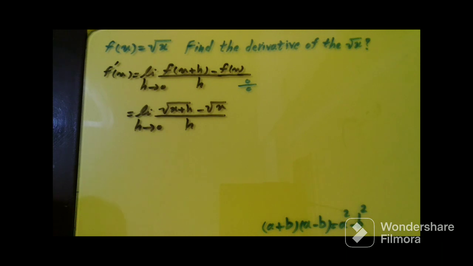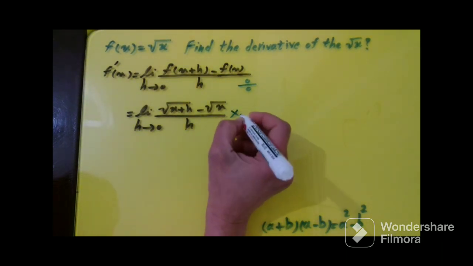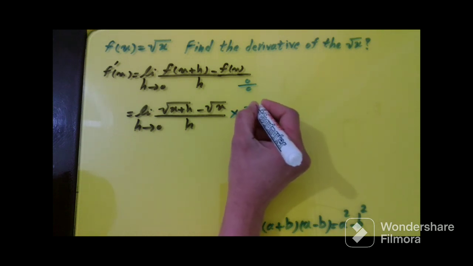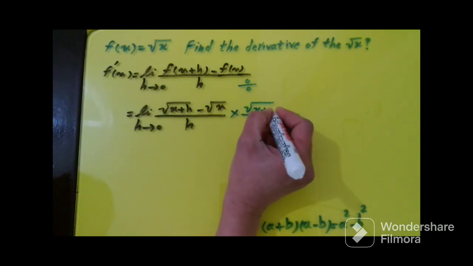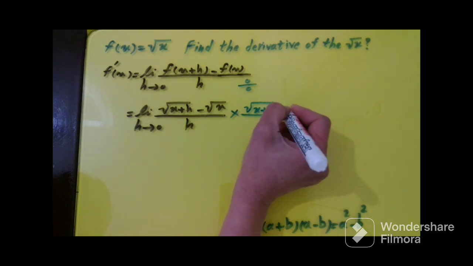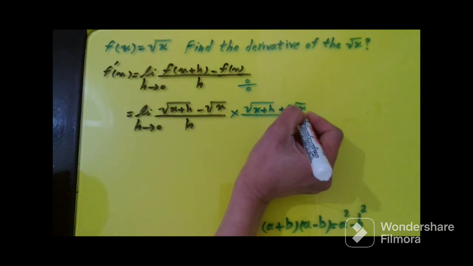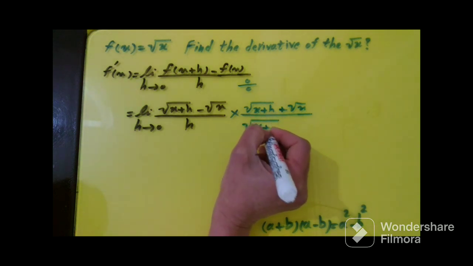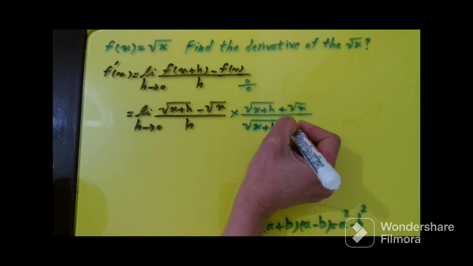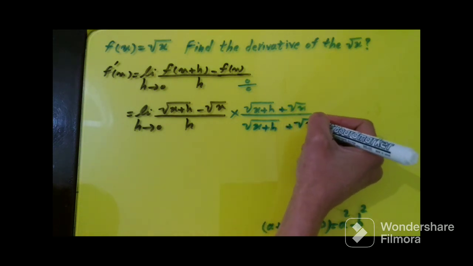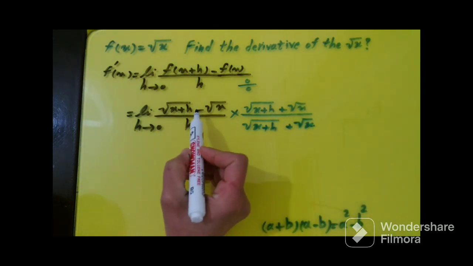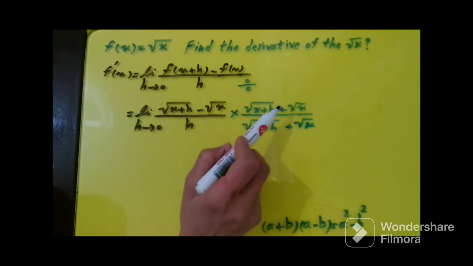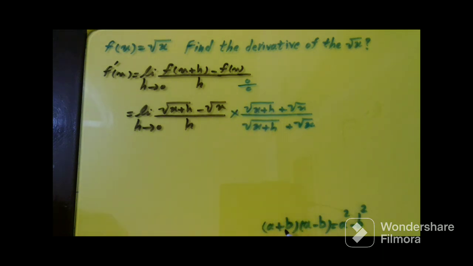According to this formula, I multiply up and down by square root of x plus h plus square root of x. As here it's negative, I multiply by positive according to this formula.